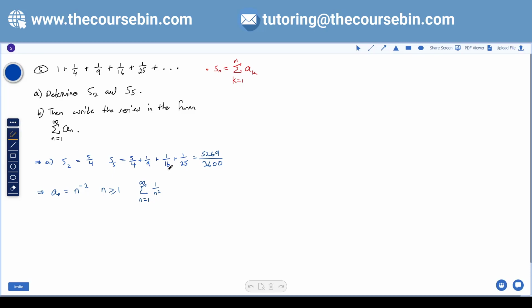So the sum from n equals 1 to infinity of 1 over n squared. Sometimes, with these series, when you're given a list of numbers, it takes a while to figure out what the pattern is, and sometimes you might have to be a little bit creative in coming up with an answer.